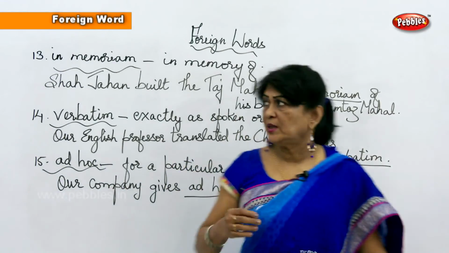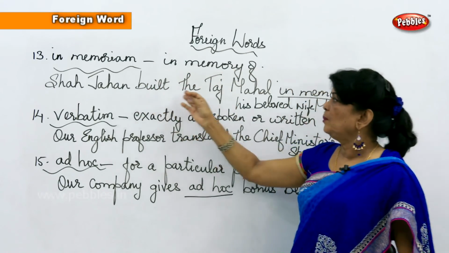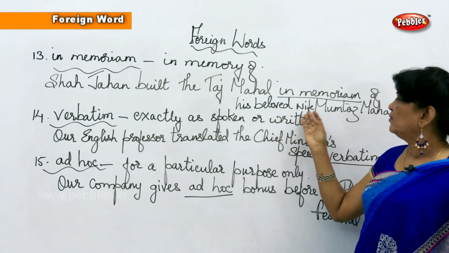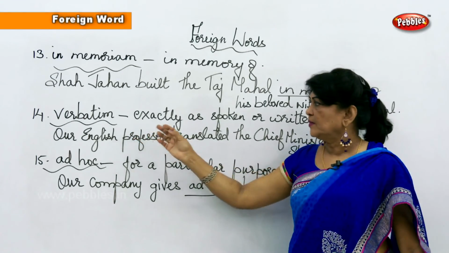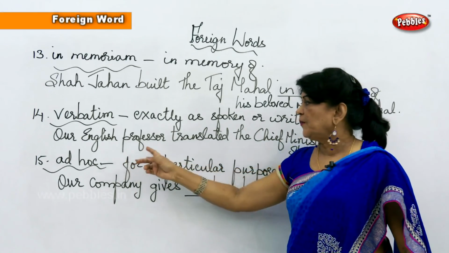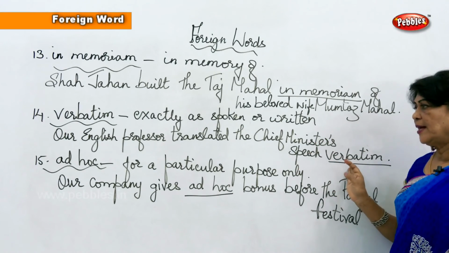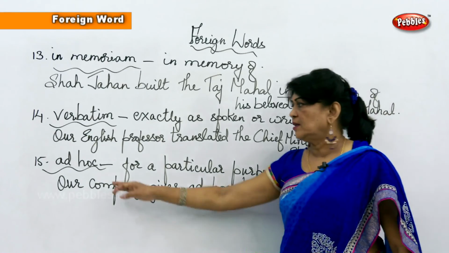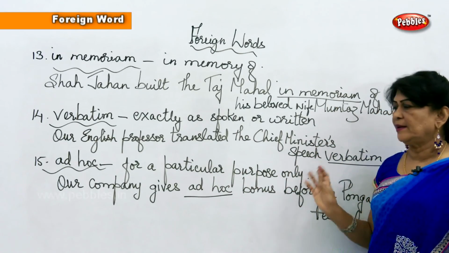Okay, shall we go through it now? In memoriam is in memory of. Shah Jahan built the Taj Mahal in memoriam of his beloved wife Mumtaz Mahal. Verbatim, exactly as spoken or written. Our English professor translated the Chief Minister's speech verbatim. Ad hoc, for a particular purpose only.